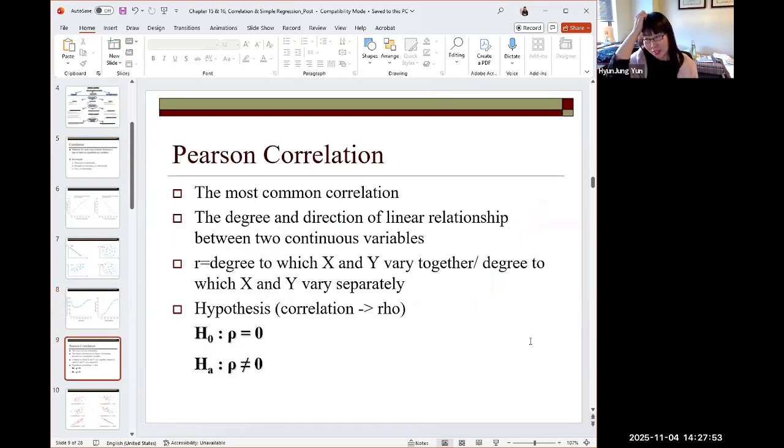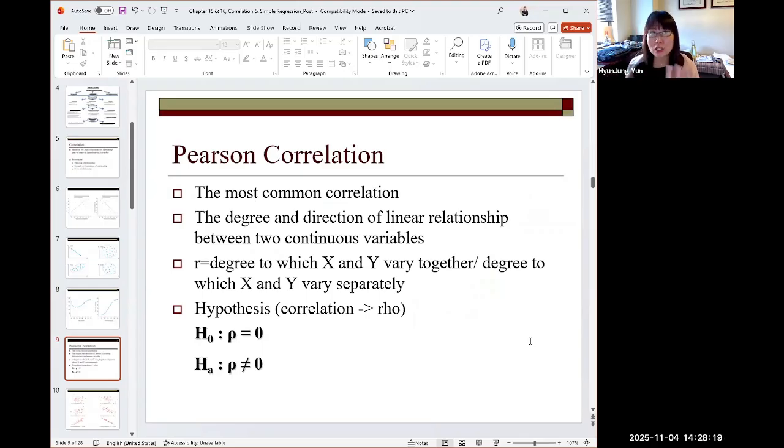Okay, so let's talk about the Pearson correlations. It's the most common correlation test. They look at the degree, strength, and direction of a linear relationship between two interval and continuous variables. Sorry about saying interval variable, quantitative variable, and continuous variable. It's all the same thing, okay?